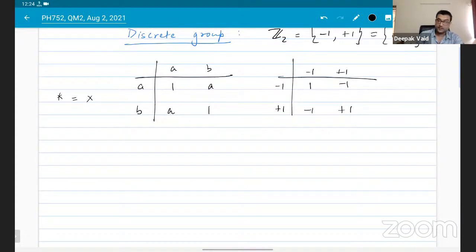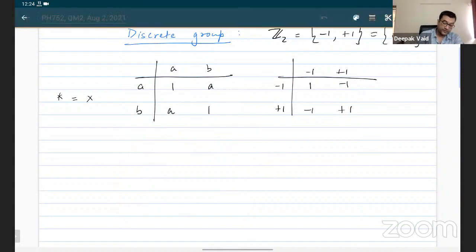We can consider a less trivial group by going to something which has 3 elements. Okay.